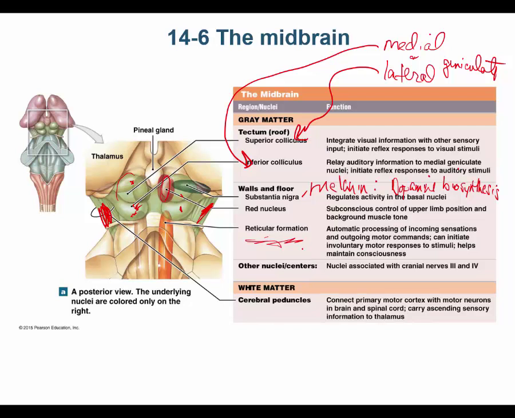A whole bunch of input goes into the reticular formation. This could be visual, auditory, olfactory, gustatory, somatosensory, all of this input goes into the reticular formation. The reticular formation initiates commands, sends signals to the cerebral cortex, and it's involved in maintaining consciousness.